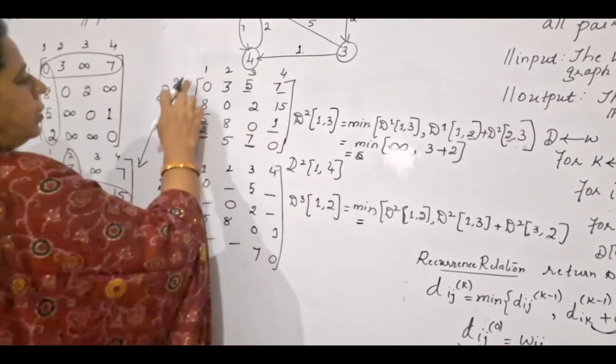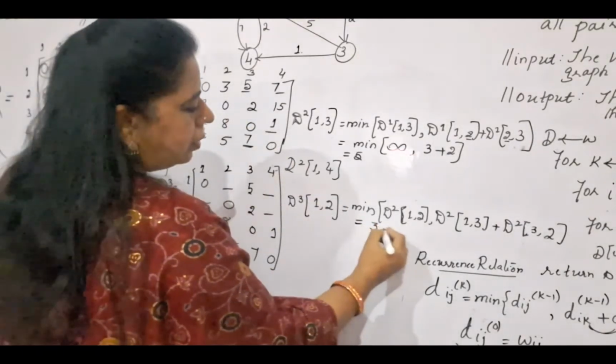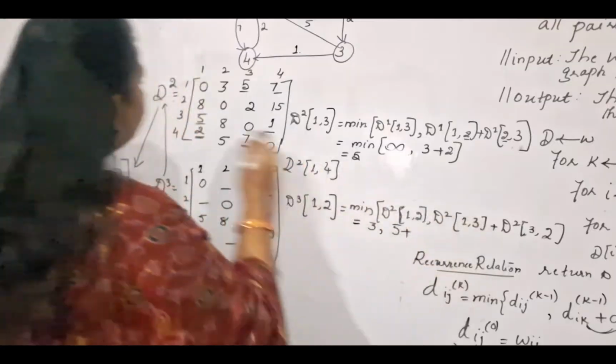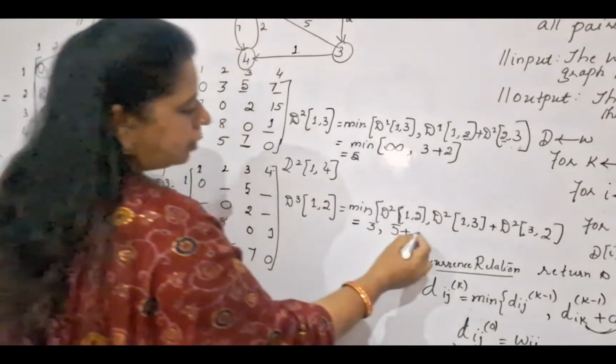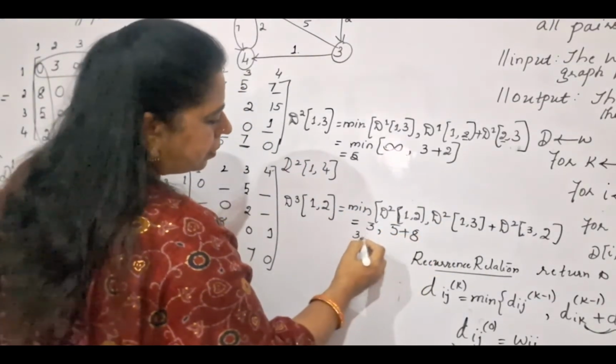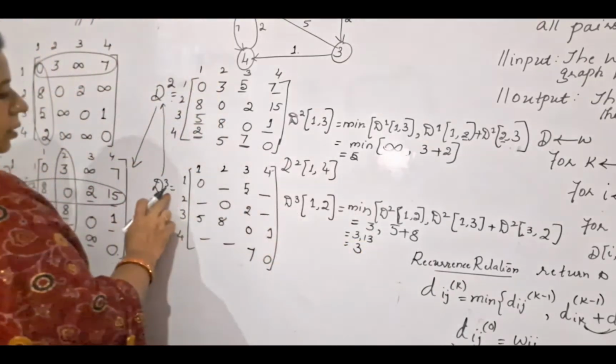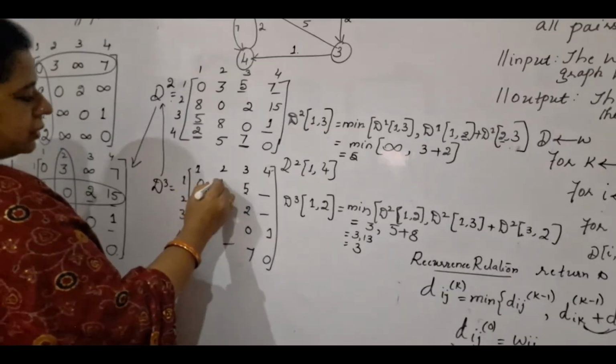Check in D2, 1 to 2 is how much? 3, comma, 1 to 3 is 5, plus 3 to 2, which is 8, so 3 comma 13. Minimum is how much? Minimum is 3. So in D3, 1 comma 2 is 3.